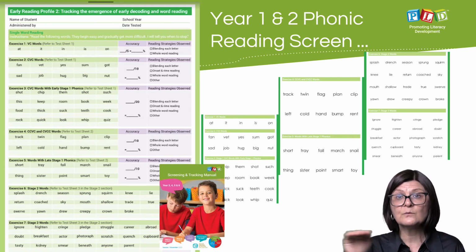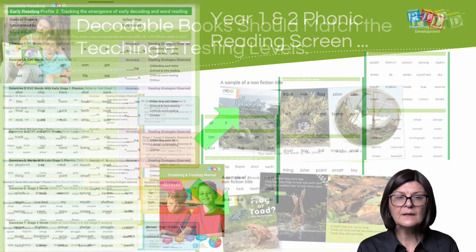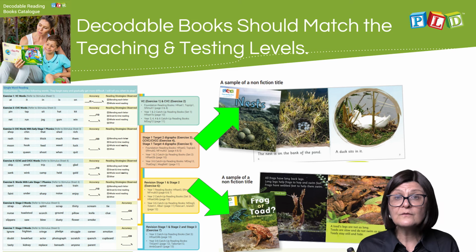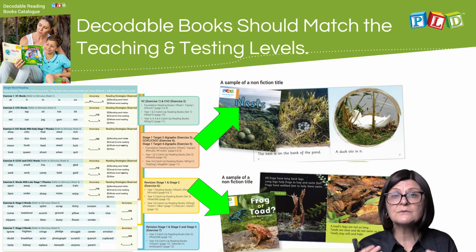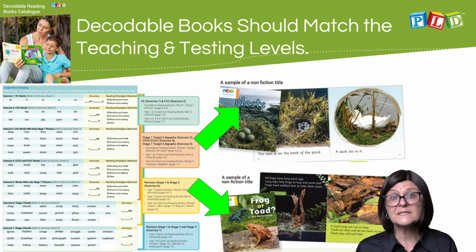And are they reading the words as whole words? Are they sounding out each sound, or are they reading with some chunking? On the basis of the results from that assessment, it is possible to assign appropriate decodable reading material.